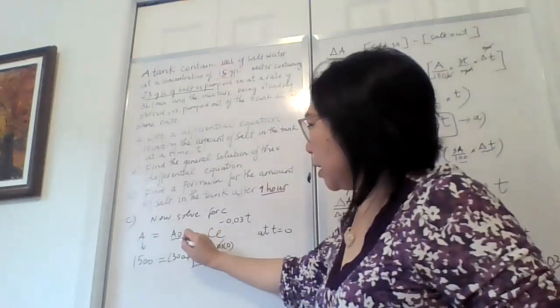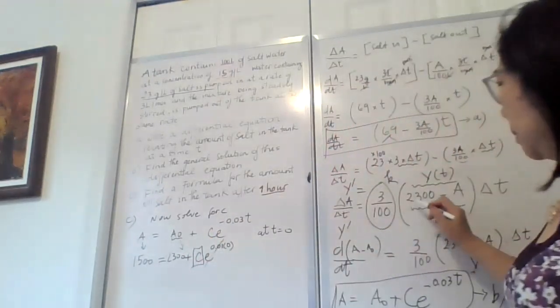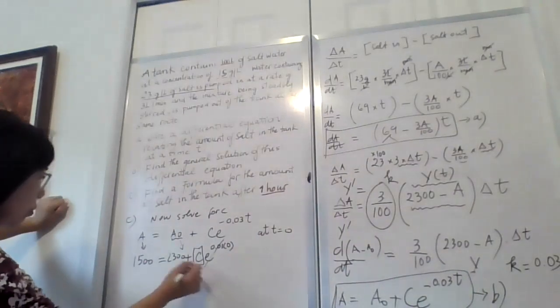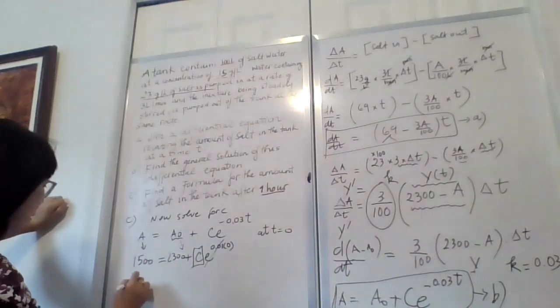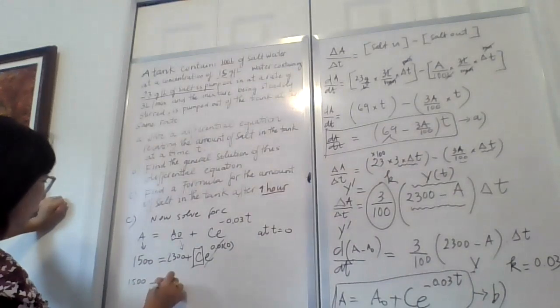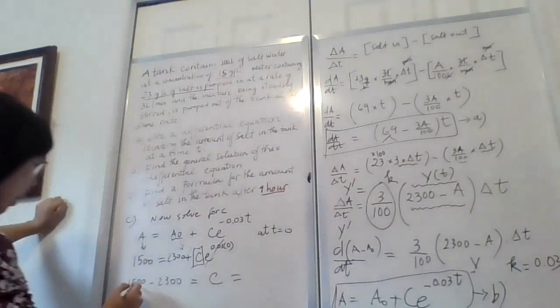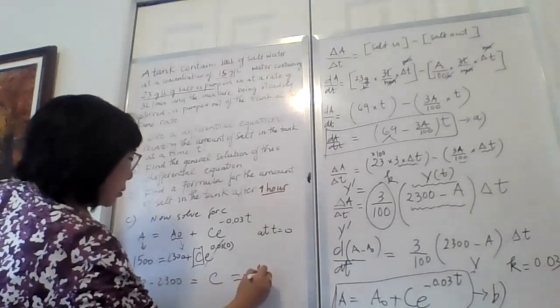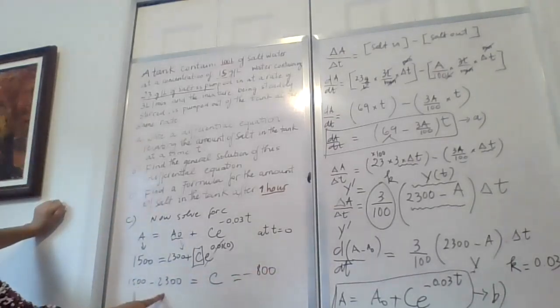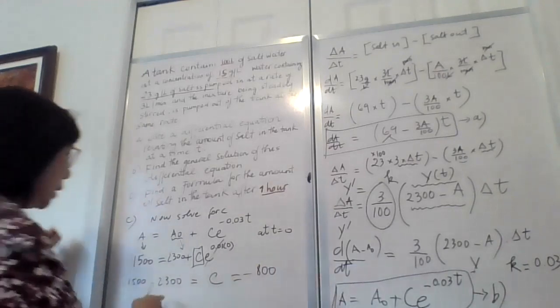So yes, we do have an A0 at the beginning, okay? So what do we got now? So for C, we get 1,500 minus 2,300 equals C. So C equals what? Minus 800. 1,500 minus, yeah, so minus 800.